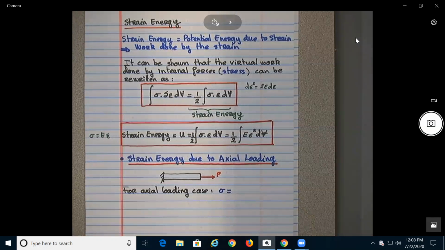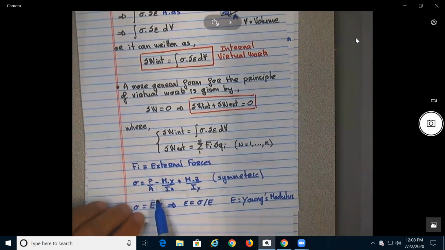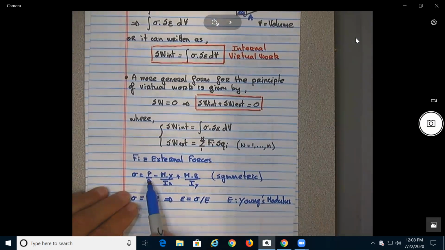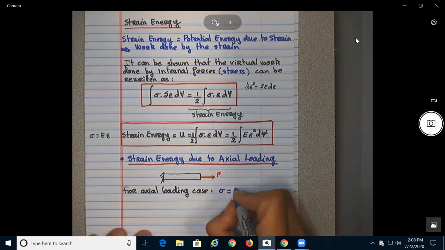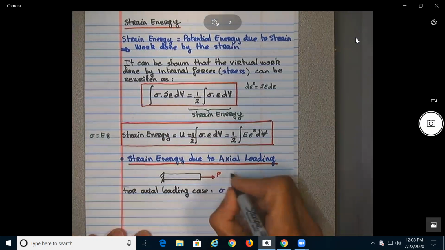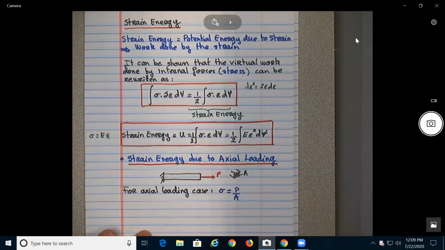Before I told you that this would be the full expression, no? But if there is no bending, we only have the first term, the axial one. So the axial stress will be equal to P over A, where you know that A is just the cross section of the beam.